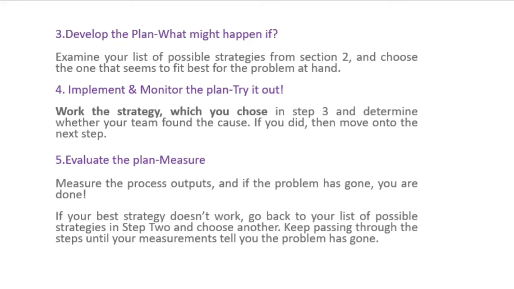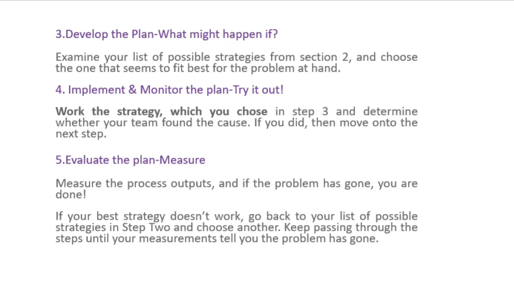Here, work the strategy which you chose in step 3 and determine whether your team found the cause. If you did, then move on to the next step. And fifth step, evaluate the plan. Measure the process outputs, and if the problem has gone, you are done.